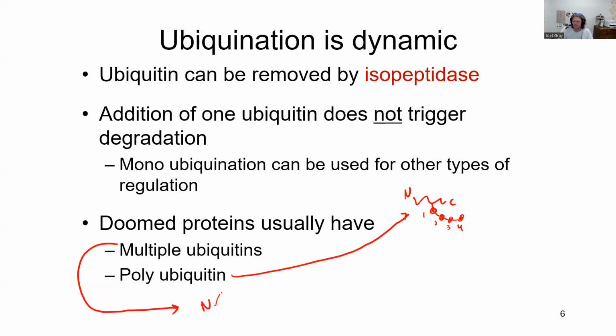Here's the ubiquitin. Here's the ubiquitin. So there could be multiple individual ubiquitins that have been added to the polypeptide, or there could be a chain of multiple ubiquitin subunits added.